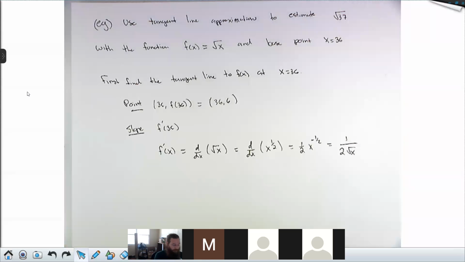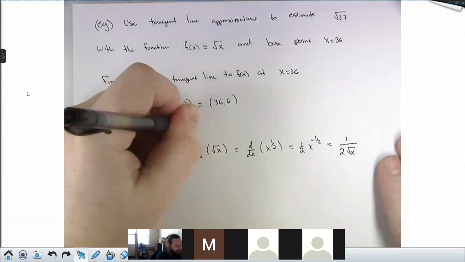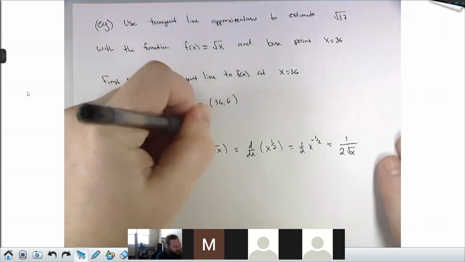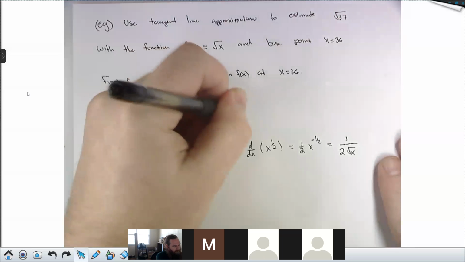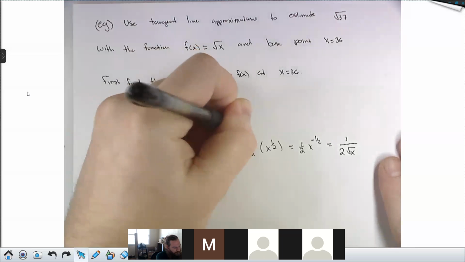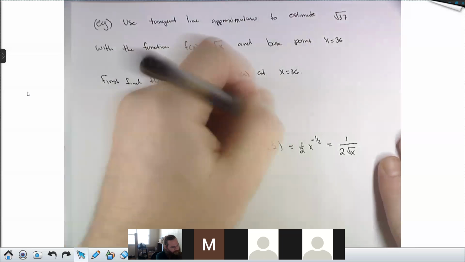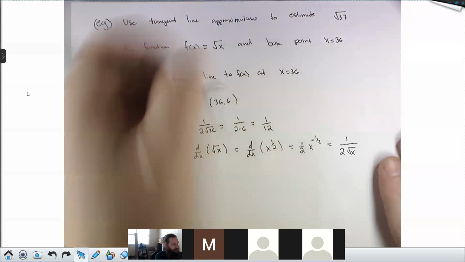So f prime of 36, that's 1 over 2 times the square root of 36. Square root of 36 is 6, so that's 1 over 2 times 6, which is 1/12.